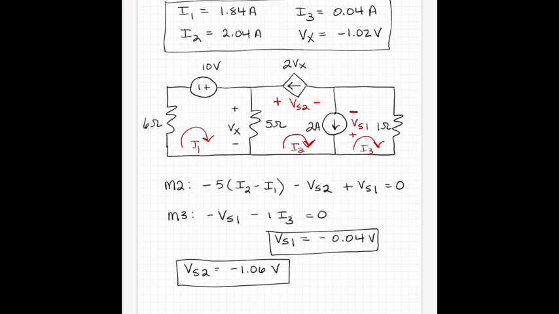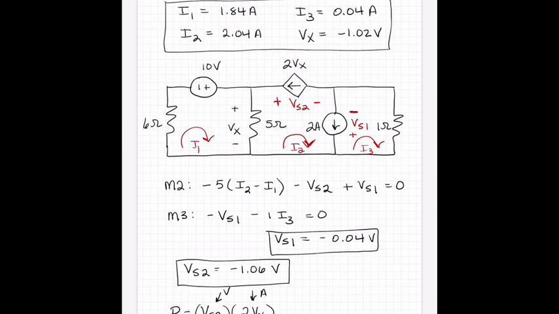So let's solve for power associated with that 2Vx source. Power is equal to volts times amps. The voltage is Vs2. The current is 2 times Vx. So this is amps, that is volts. So don't let the variable in the expression for the dependent source throw you.